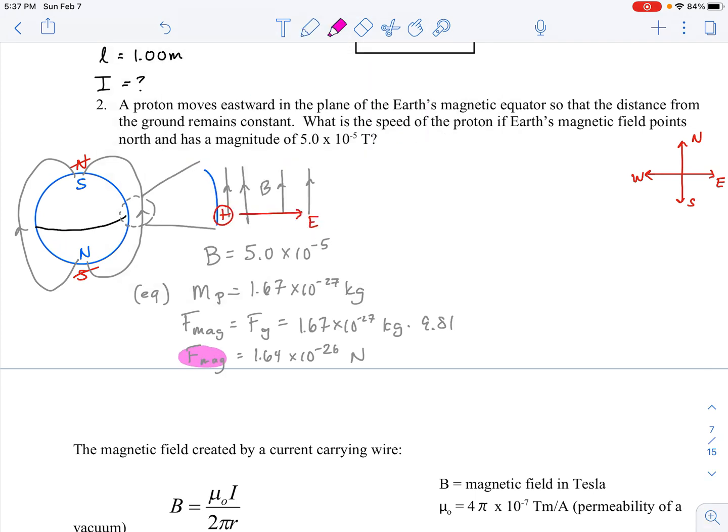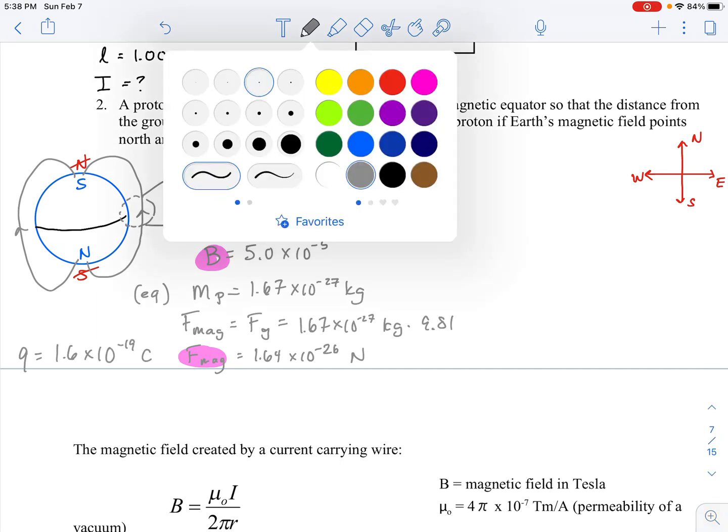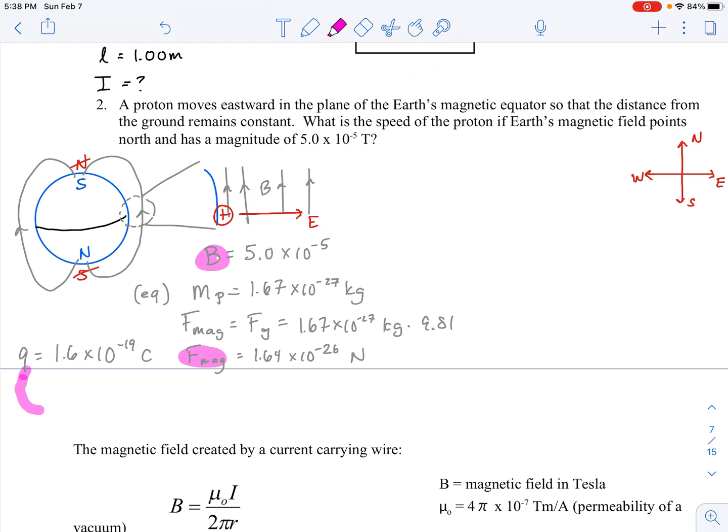Okay, so I've got magnetic force, I've got magnetic field strength. I also know the charge on a proton, don't I? The charge on a proton is the same as the charge on an electron. It's 1.6 times 10 to the negative 19th coulombs. All right, now we're cooking, because now I can use my formula.